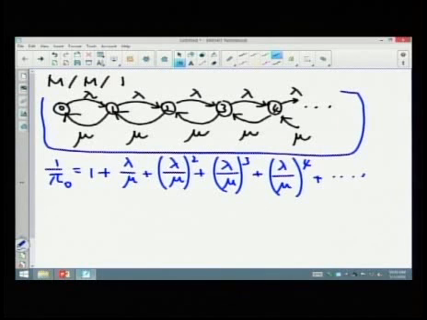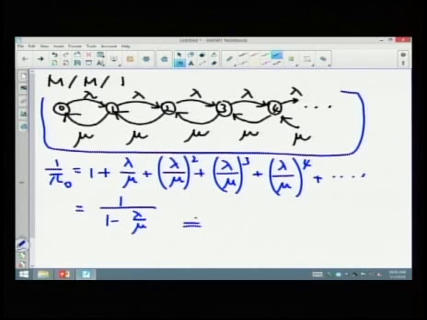Is that right? So this is a geometric series. So what is this? That's going to be 1 over 1 minus lambda over mu. So what do we have here? Pi 0 is equal to 1 minus lambda over mu.